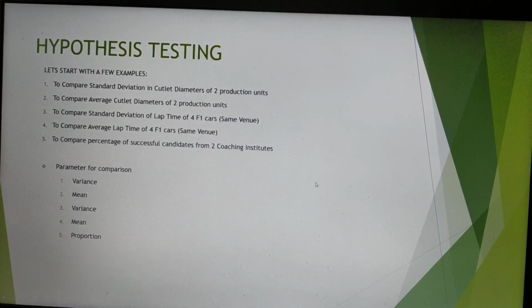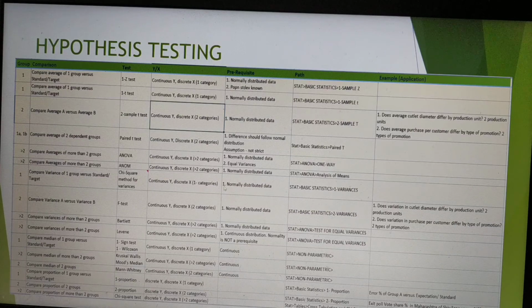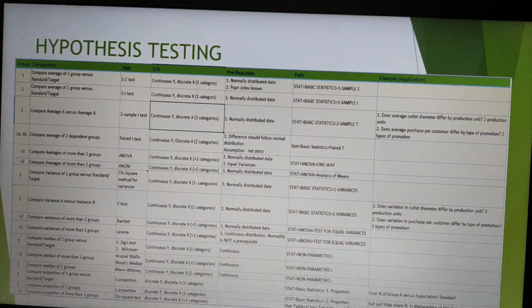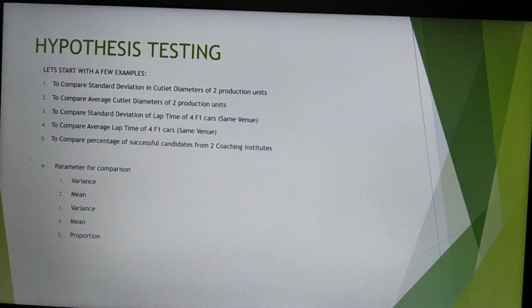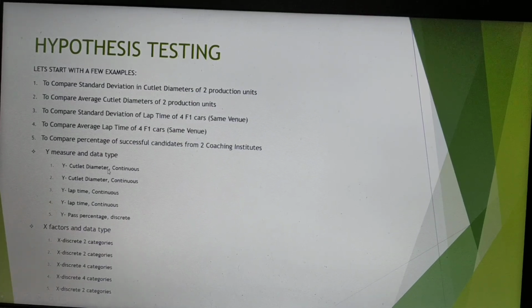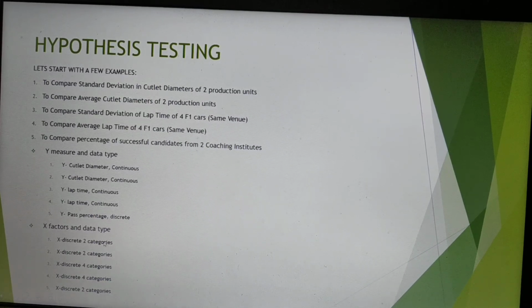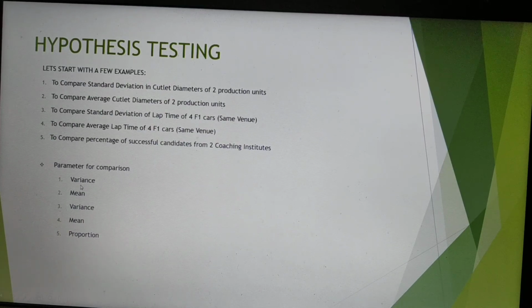So based on these 3 steps, we want to conclude what test we want to perform. We'll use this table, and I'll tell you how to use it. Like for example 1, the Y measure was continuous, the X factor was discrete with 2 categories, and the parameter for comparison was variance.